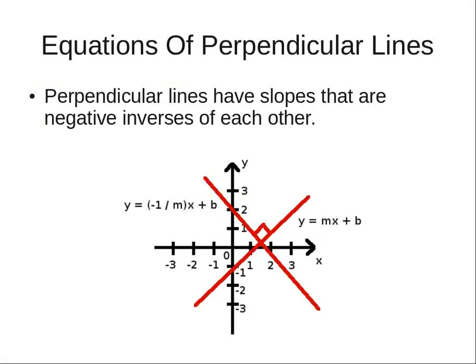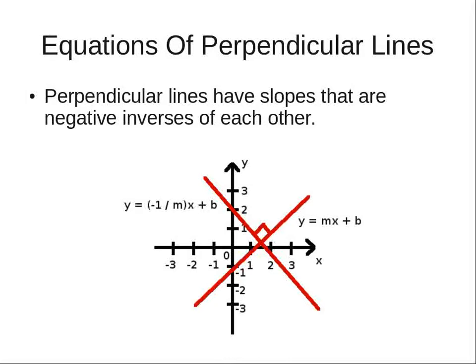Equations of perpendicular lines. Perpendicular lines have slopes that are negative inverses of each other. All right? Look at the diagram. If one line corresponds to the equation y = mx + b, then a perpendicular line will correspond to the equation y = (-1/m)x + b.